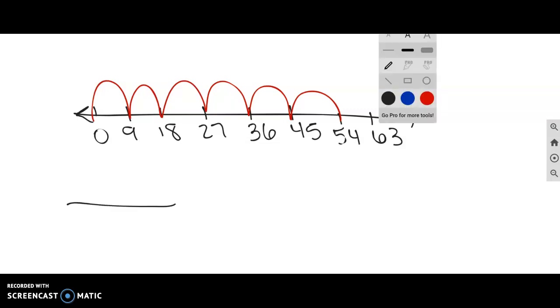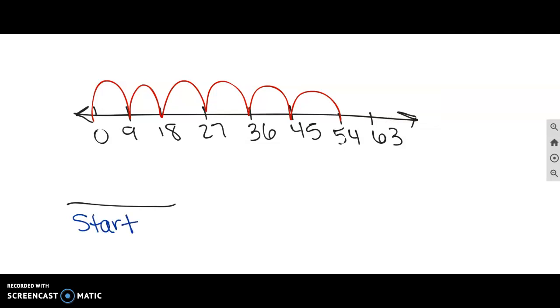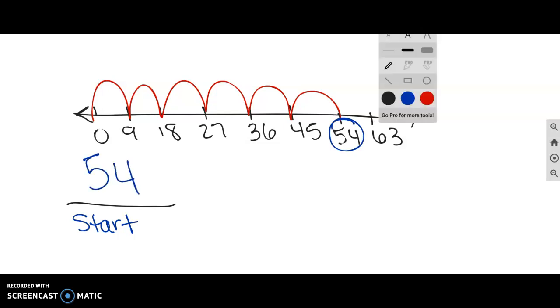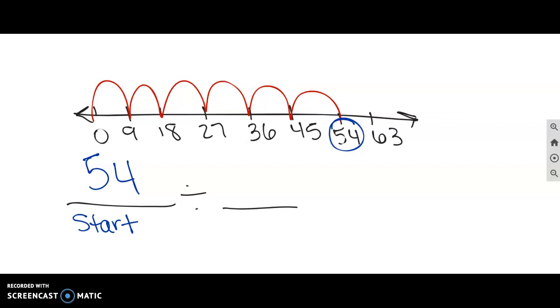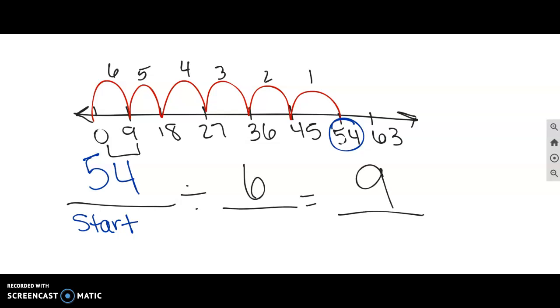We know that the first is what we start with. What's the number we started with? Well, let's look. Last hop, 54. So 54 is the number we started with. We're going to divide how many hops we had. So how many hops were there? Well, 1, 2, 3, 4, 5, 6. So there were 6 hops. And what did we count by? Let's look, 0 to 9, 9.